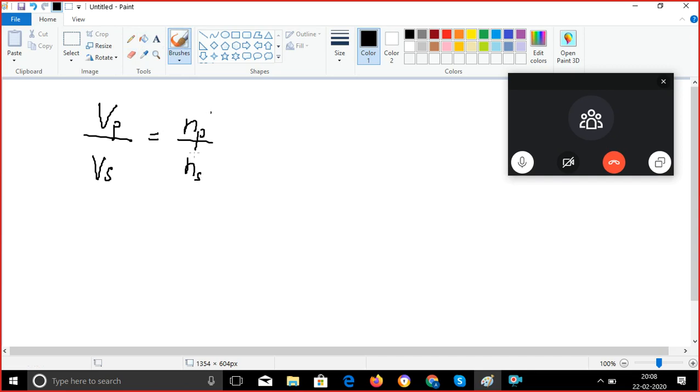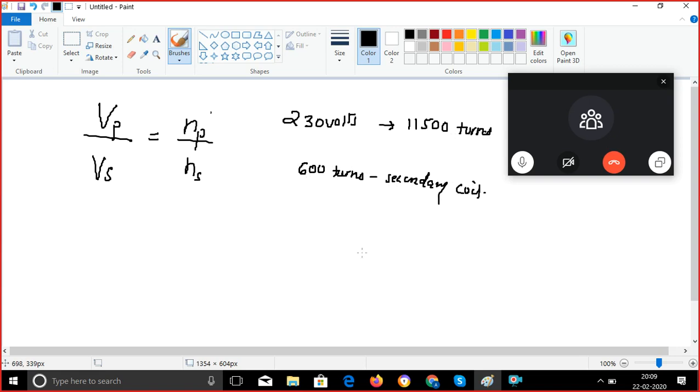Now the question is, a mains of 230 volts transformer has 11500 turns on its primary coil and 600 turns on secondary coil. Calculate the voltage obtained from the secondary coil.